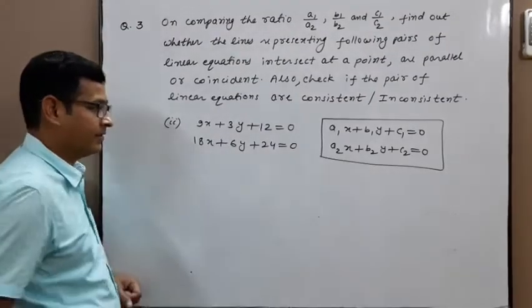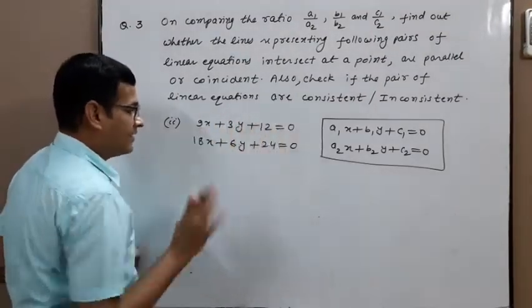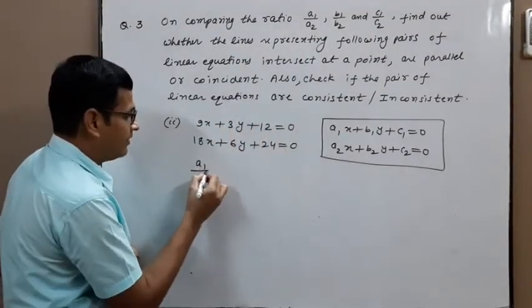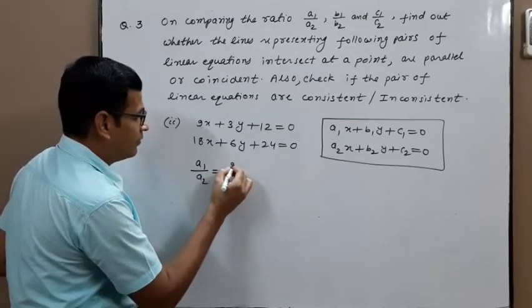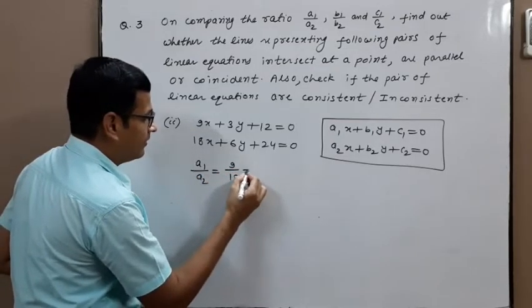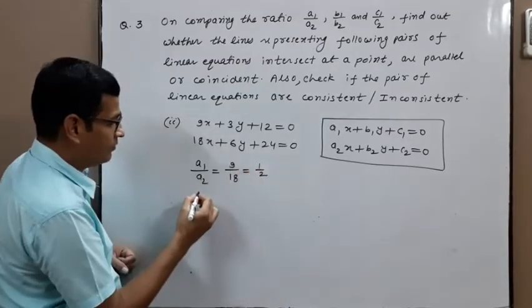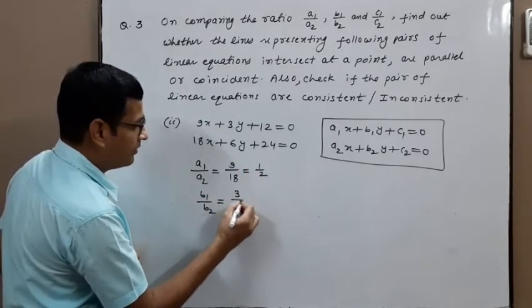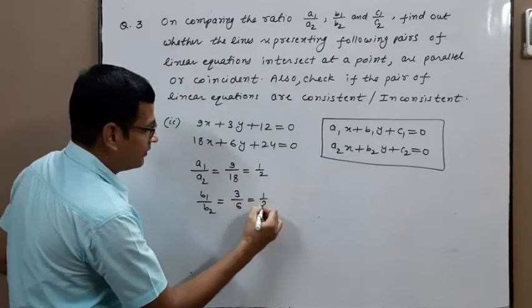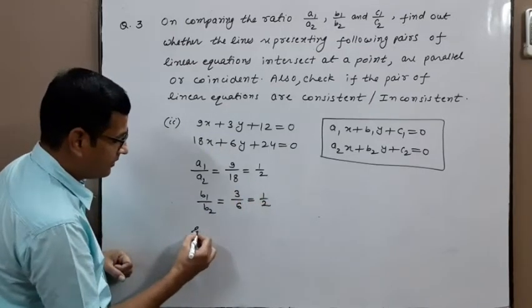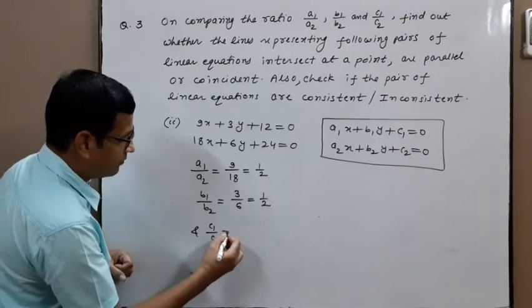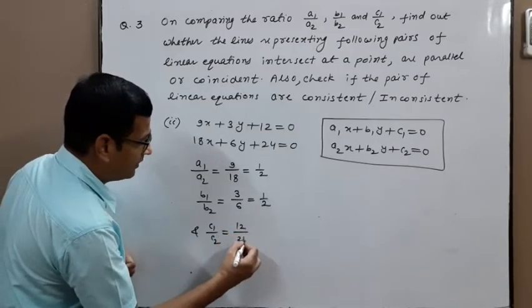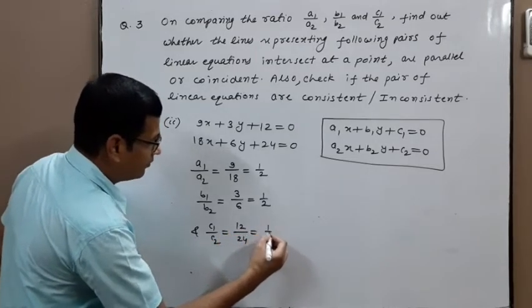Second part. On comparing with standard equations, a1 upon a2 is equal to 9 upon 18, which is 1 upon 2. b1 upon b2 is equal to 3 upon 6, which is equal to 1 upon 2. And c1 upon c2 is equal to 12 upon 24, which is 1 upon 2.